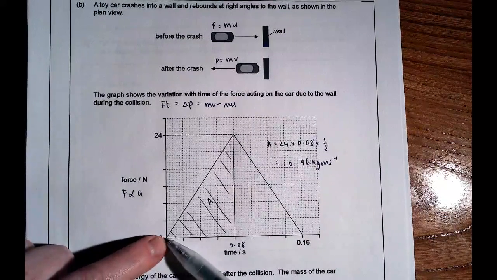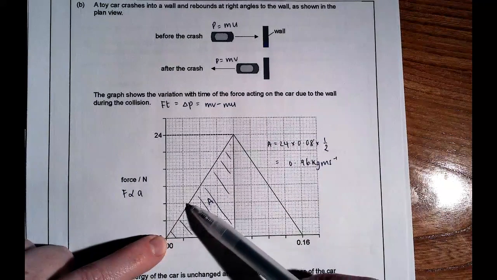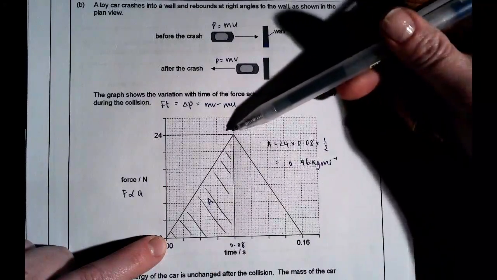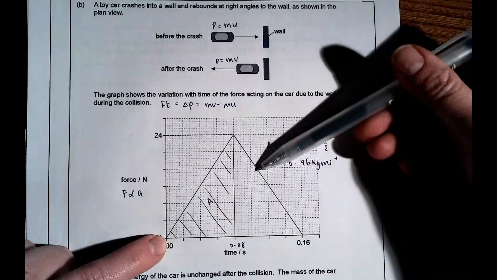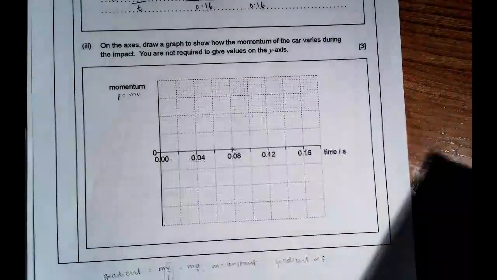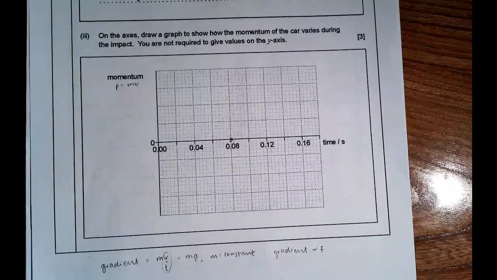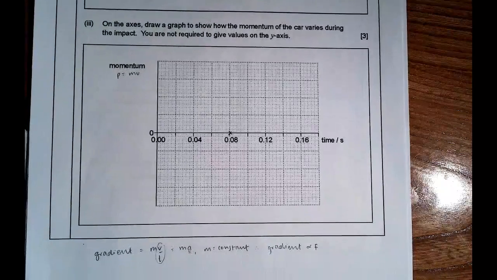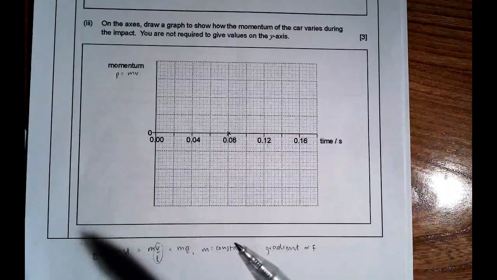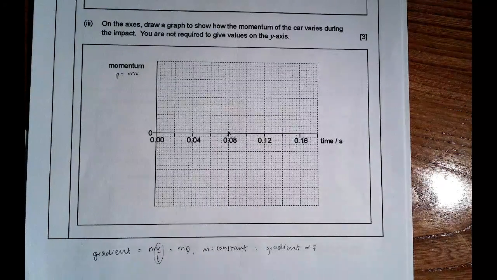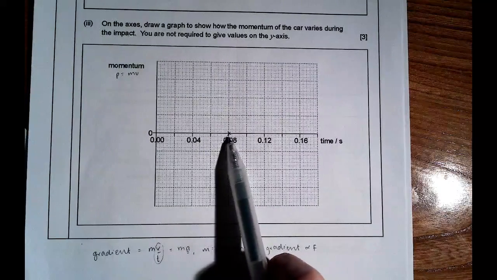So the acceleration of the car is getting bigger in magnitude until this point, and then it changes direction and decreases in value here. So when we're plotting momentum against time, the momentum in terms of direction changes at 0.08 because the force on the car changes direction at this point.